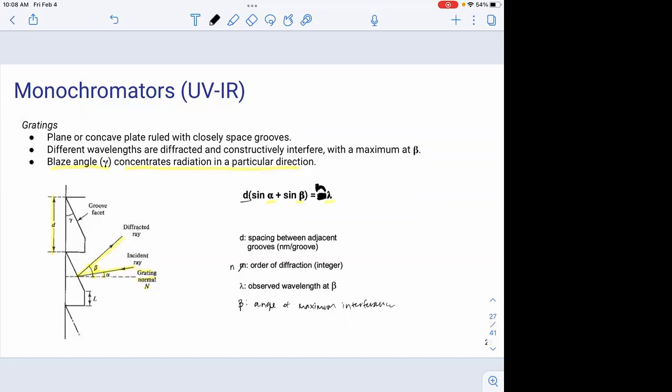If you are struggling to recall what I'm talking about with order of diffraction, remember if you have light that goes through a slit, as that light leaves that slit, it goes in lots of different directions. If I have a screen back here, I'll have constructive and destructive interference of those waves of light.